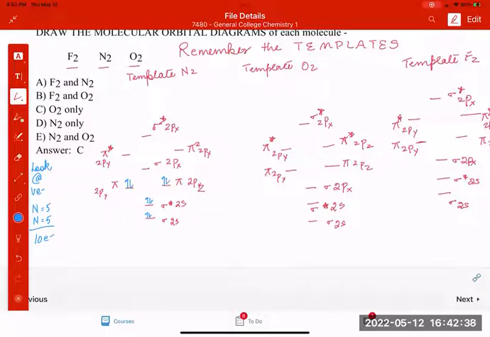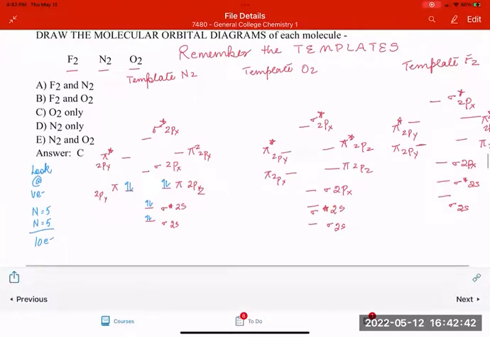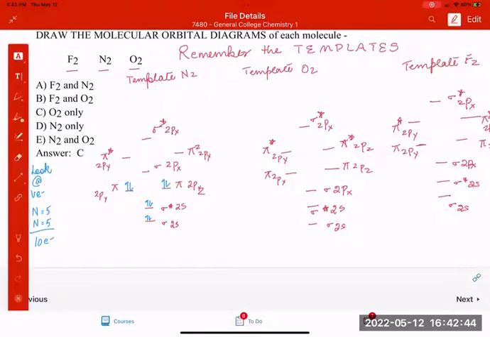Okay. So 1, 2, 3, 4, 5, 6, 7, 8, 9, and 10. So we used all the electrons in this set. Then comes oxygen. Each of the oxygen is bringing 6 electrons. So we are looking to place 12 electrons.